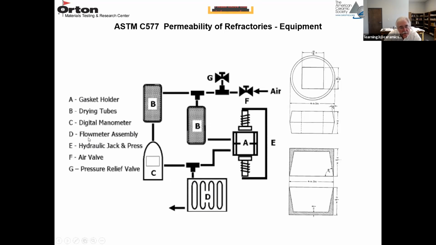The flow meter assembly is actually controlling how much gas is flowing through the sample. I mentioned that E was the hydraulic jack or press, F is a valve, and G is a pressure relief valve. So you're flowing air or nitrogen through the sample, controlling that with a flow meter assembly, and measuring the pressure drop with the manometer.